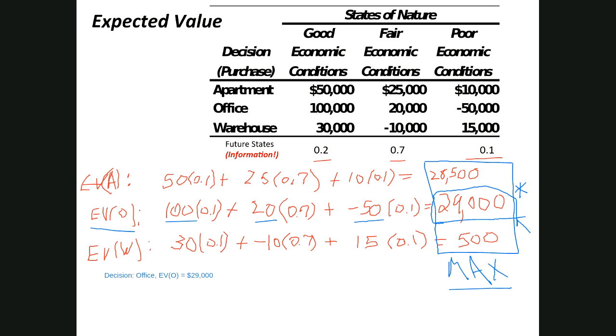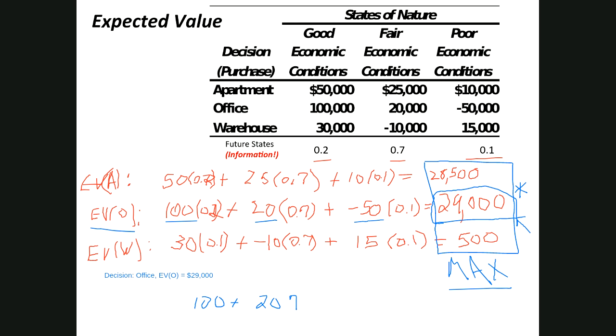But on average, if you were able to invest in the office 10 times, you would return $100,000 once. You would return $20,000 7 times. Oops, I've made a mistake here. Hopefully you've caught it. It's not 10% for good economy, it's 20%. So this is 0.2.